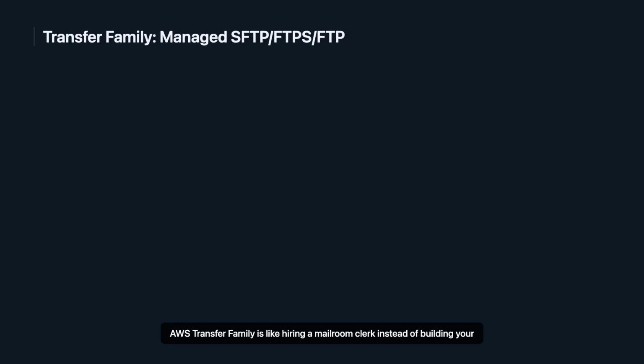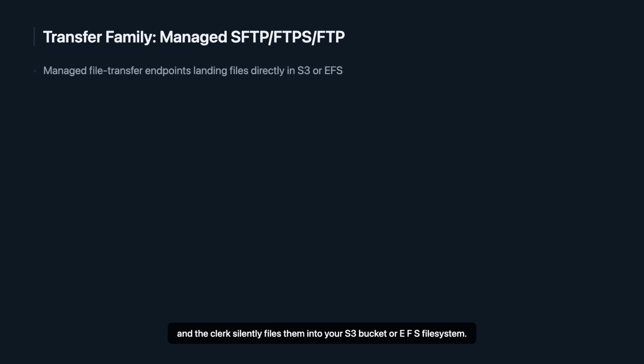Amazon Web Services Transfer Family is like hiring a mailroom clerk instead of building your own loading dock. Partners drop files using SFTP, FTPS, or plain FTP, and the clerk silently files them into your S3 bucket or EFS file system.